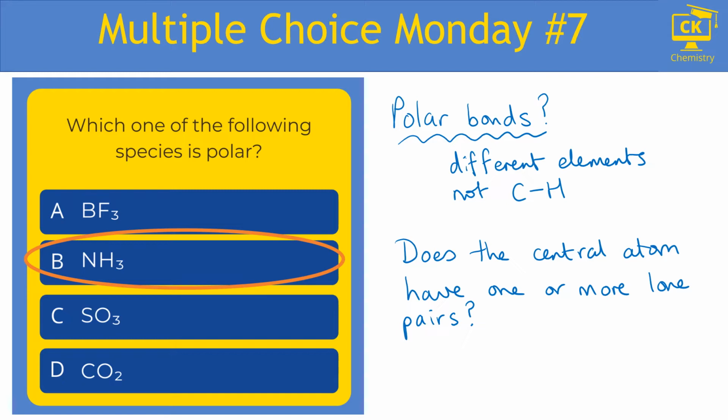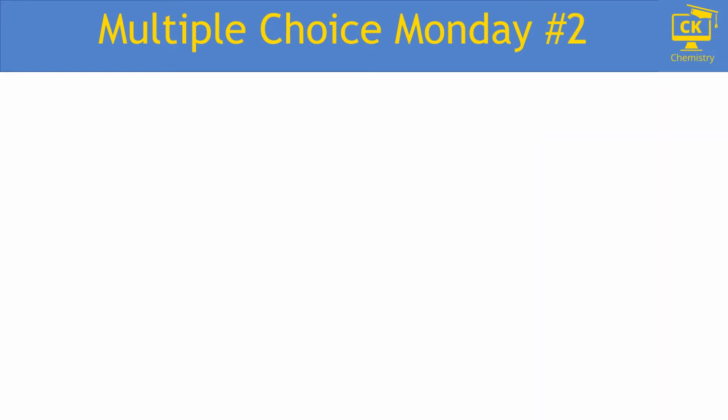So we're going to apply it to these four molecules, and we're also going to apply it to another molecule, SO2, that comes up in these questions quite a lot. The molecules we had were BF3, NH3, SO3, and CO2. Each of these is a very simple molecule with one central atom and two or three atoms around it.